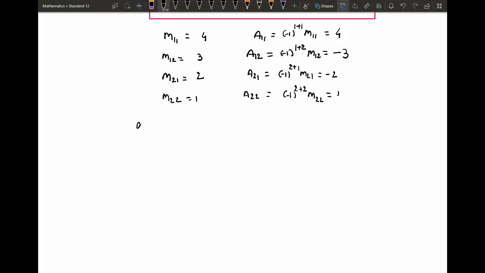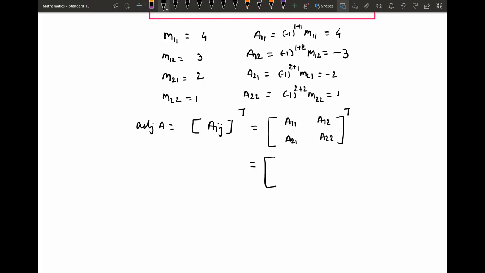Now adjoint A: write the matrix of cofactors, A11, A12, A21, A22, and then you take its transpose.